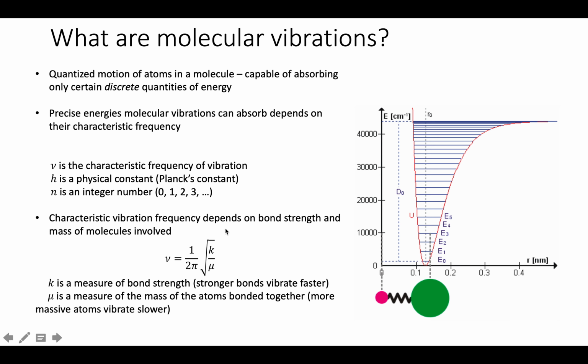In essence, what I want to convey is that for each vibrational degree of freedom of our HCN molecule, we can calculate its frequency if we know the following two things.